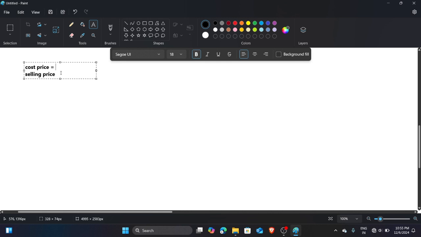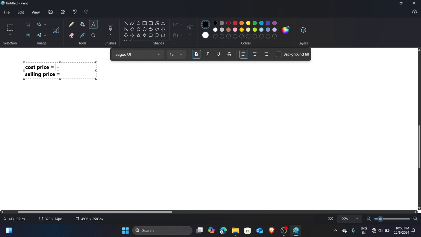First you have to buy something, then only you can sell. Any shopkeeper first buys from a wholesaler, and then sells in their shop. When they buy from the wholesaler, that is the cost price, and then they sell it by increasing the price, which is the selling price.